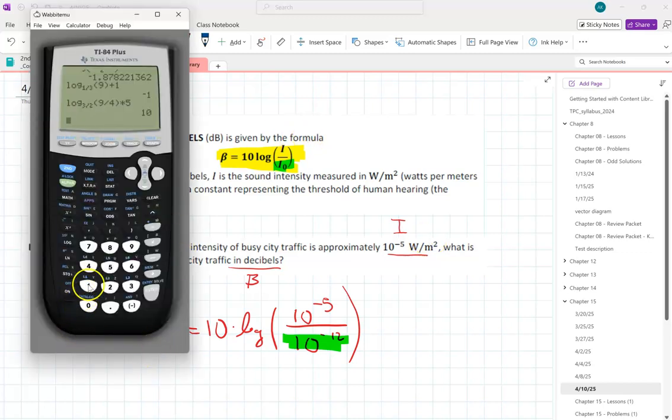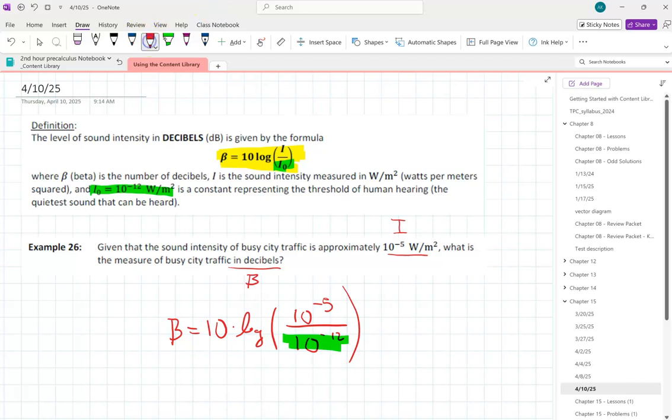So I have 10 to the negative 5th divided by 10 to the negative 12th, and we get 70 decibels. No big deal, right?